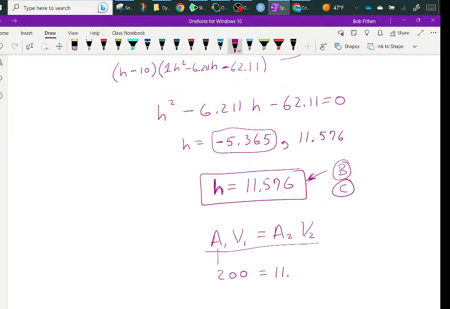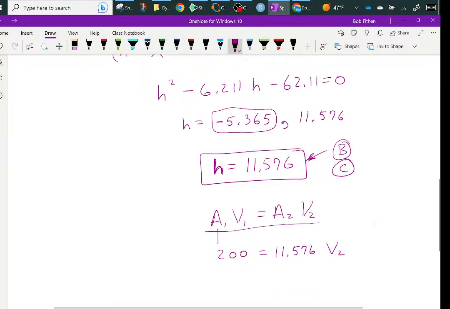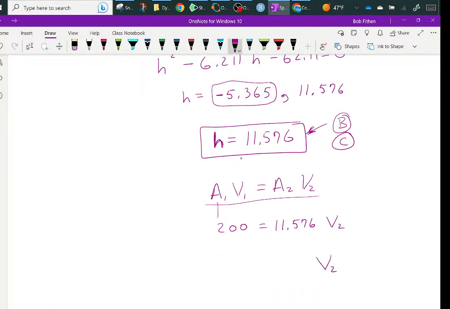This becomes 11.576 times V2. So V2 has got to be, maybe I better do this with a calculator. Let's see, 200 divided by 11.576, I get 17.277.